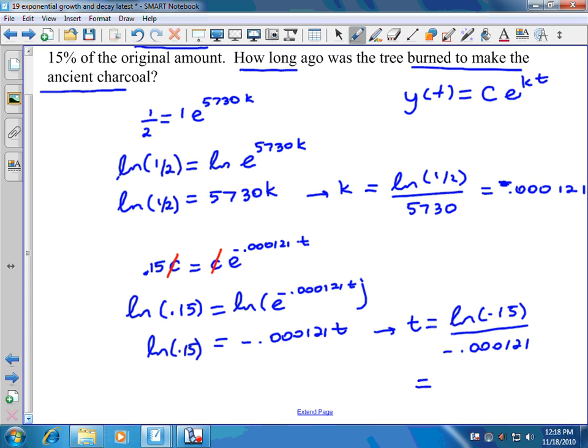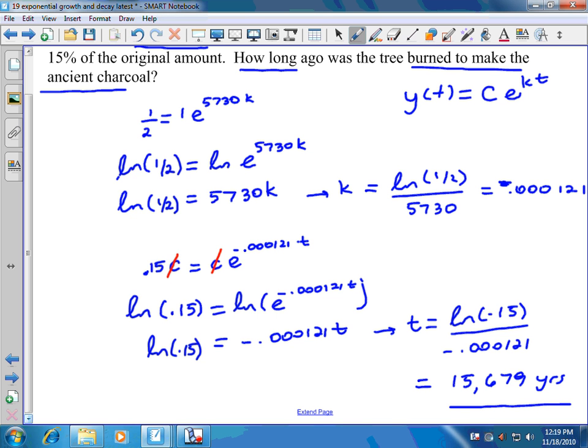And let's see what we're getting. Okay, what I got is 15,679 roughly. 15,679 years. So the charcoal was burned more than 15,000 years ago.